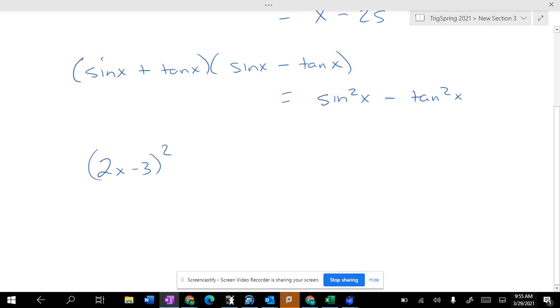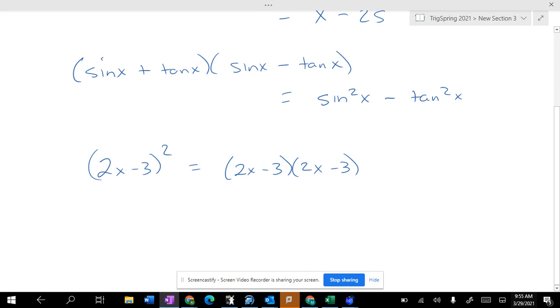If we have 2x minus 3 quantity squared, 2x minus 3 quantity squared is not 4x squared minus 9, as many people put it. No. It would be plus 9, and it would be 4x squared, but you got a middle term in there.